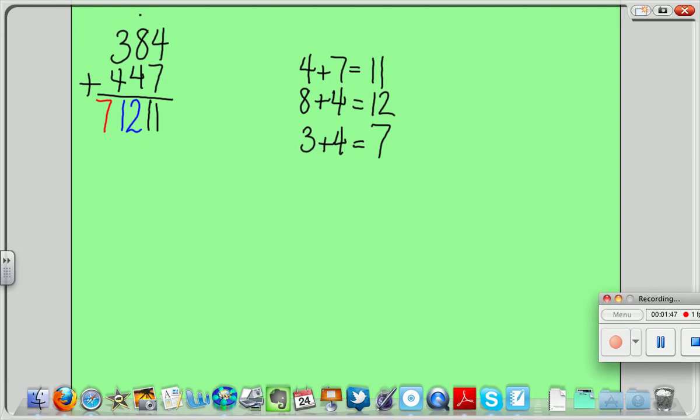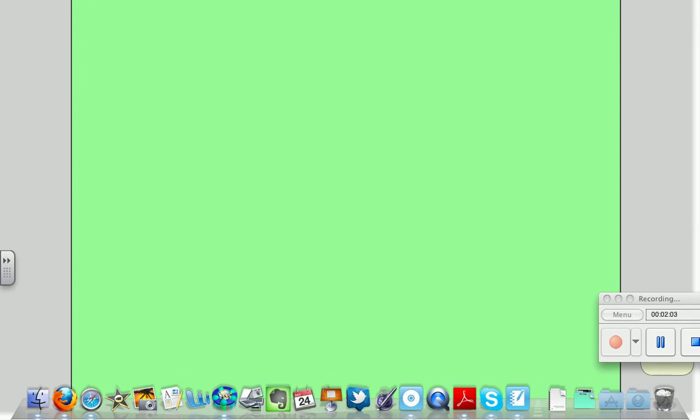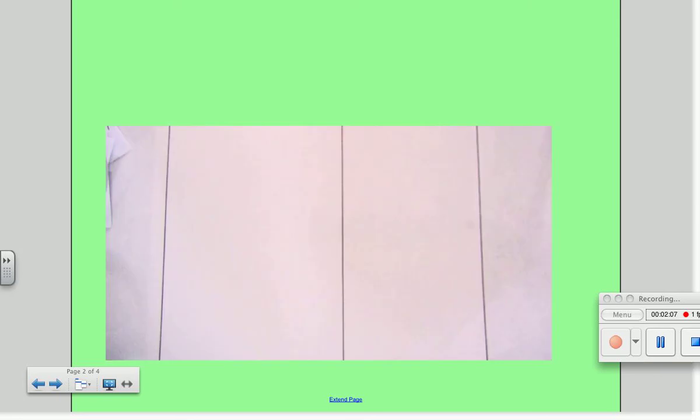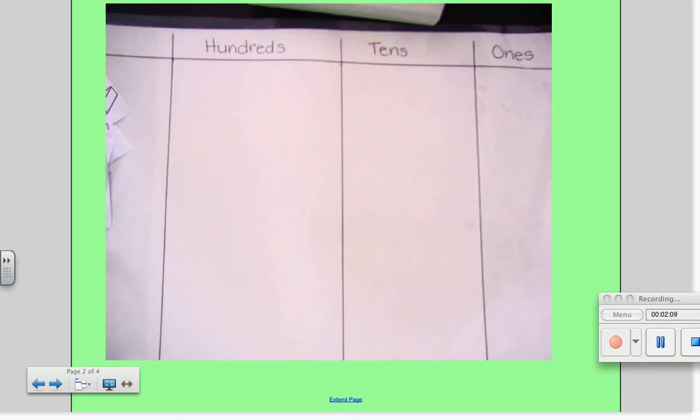So we have to do either strategies that break them apart and make them look different, or we have to change them. Okay? One thing that we can do is we can use a chart like this in order to make those numbers.